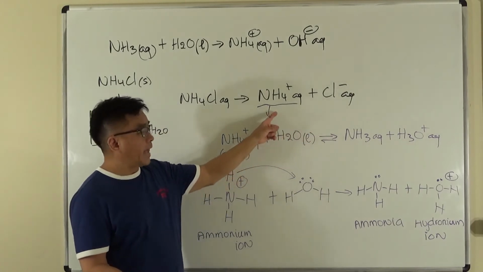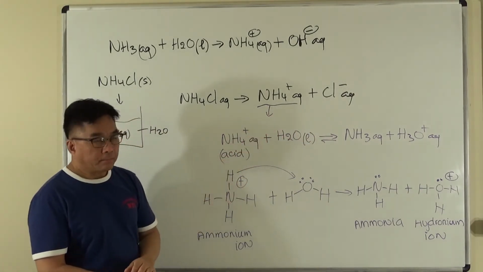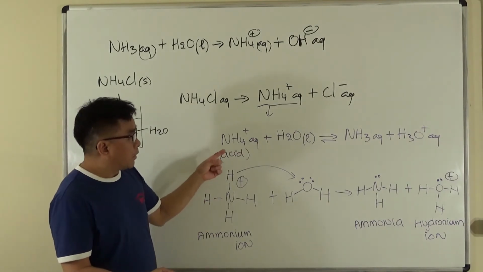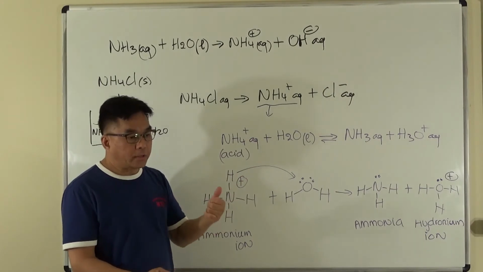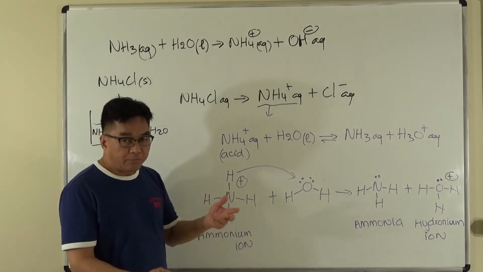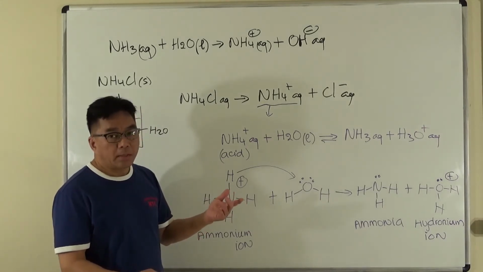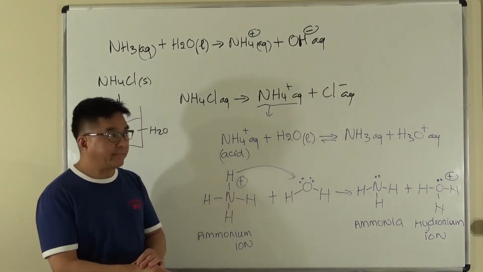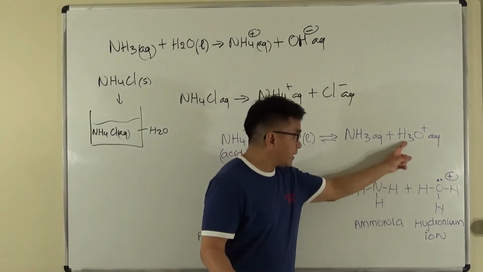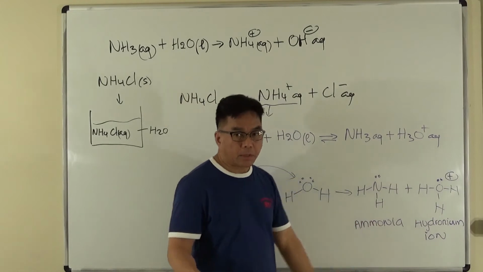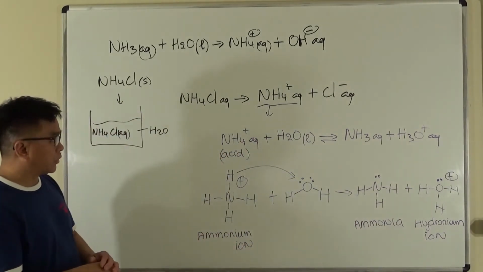The cation happens to be a polyatomic cation, NH4+. Most of the polyatomic ions that we learned, like nitrate, carbonate, sulfate, phosphate, are all negatively charged. There are only a couple of polyatomic ions that are positively charged. One of them is the ammonium ion. The other one is the hydronium ion that we talked about already. Only those two are positively charged.